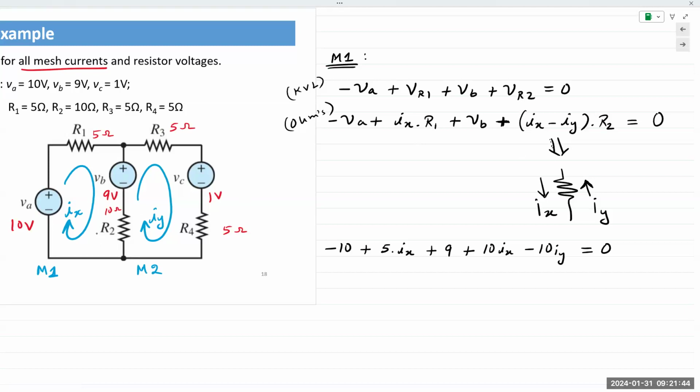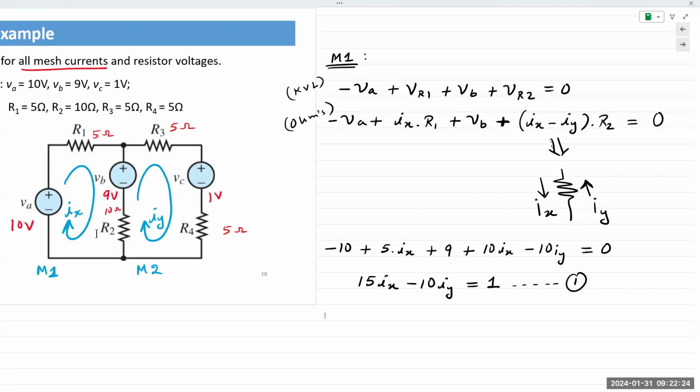Take it to the other side, and I have 15 Ix minus 10 Iy is equal to 1. I'm going to call this equation 1. Easy enough, or rather straightforward enough, right?